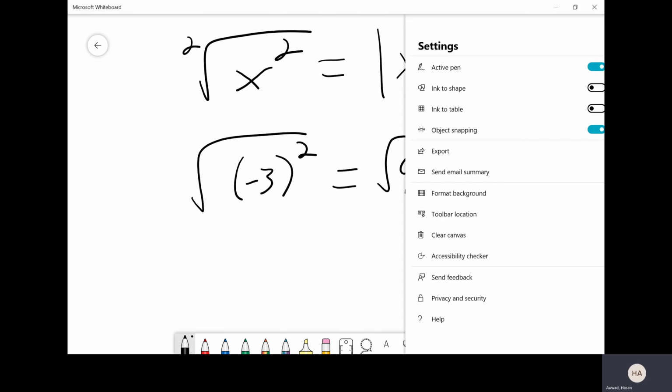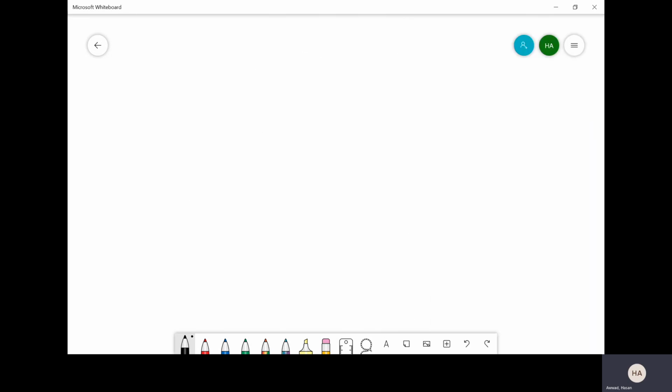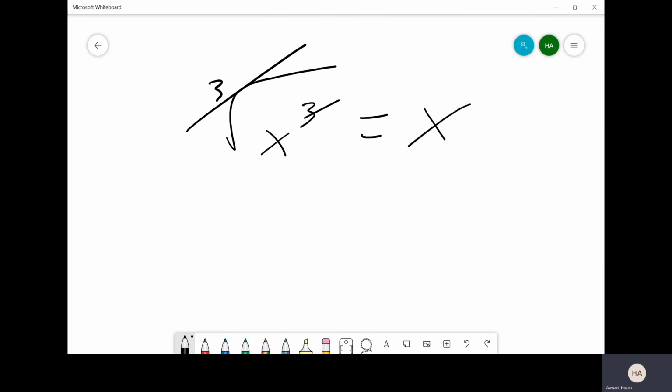And now, just elaborating a little more on how exponents and radicals work together. Let's say if you have any exponent, as long as you have the matching index, you can actually cancel these, right? Because if you're cubing a number and then you're looking for a number that multiplies against itself 3 times that will give you the original number back, you're just going to get the original number, right?